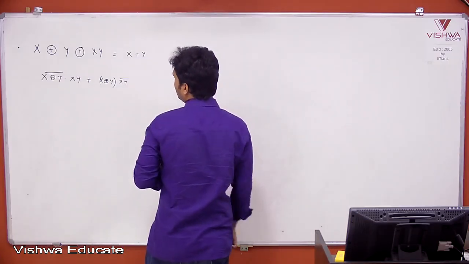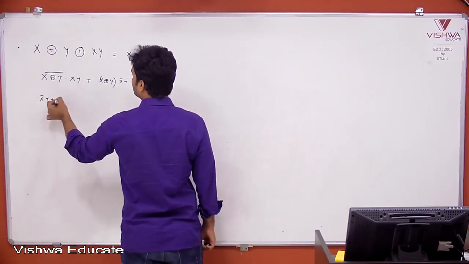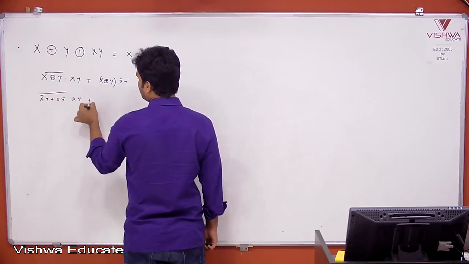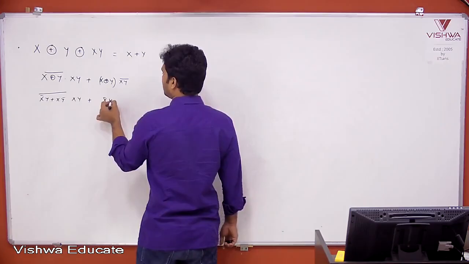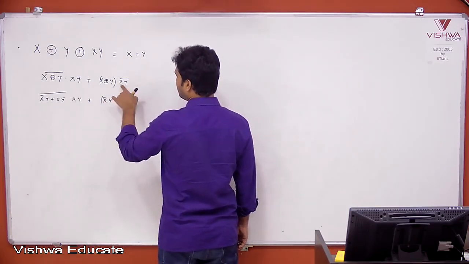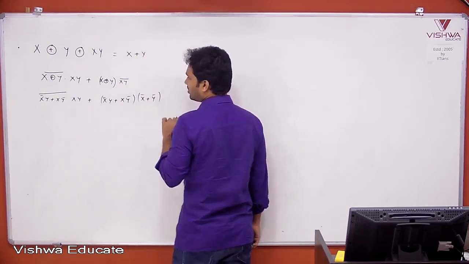See here. X bar Y plus XY bar whole bar into XY plus X bar Y plus XY bar into, what is XY whole bar? X bar plus Y bar. De Morgan's property.